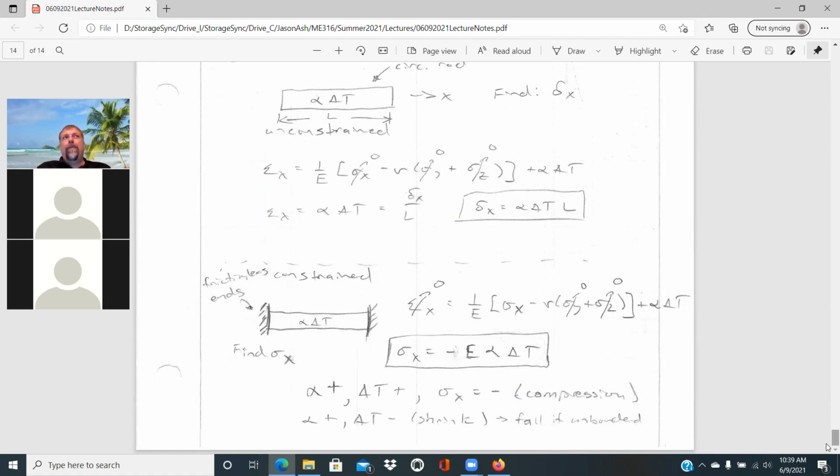Chapter 4 is going to deal more with axial loading conditions, taking into account these thermal effects, and the statically indeterminate loading conditions where you need to solve for those. And so this is really a good stopping point for today, and we'll be able to pick up on chapter 4 on Friday this week.